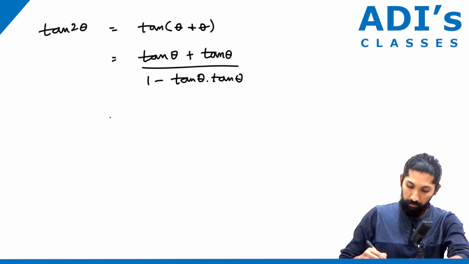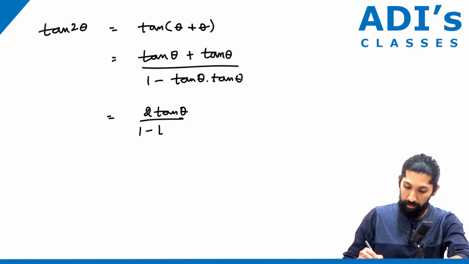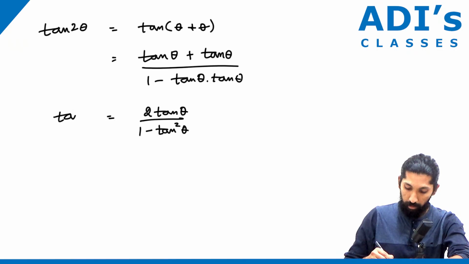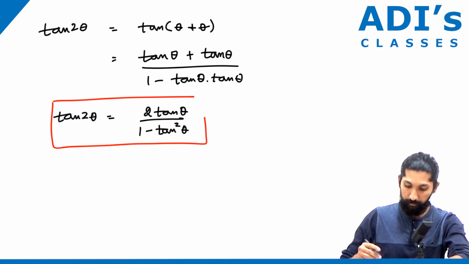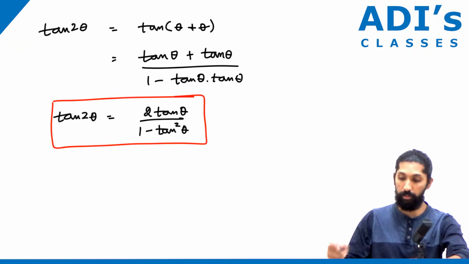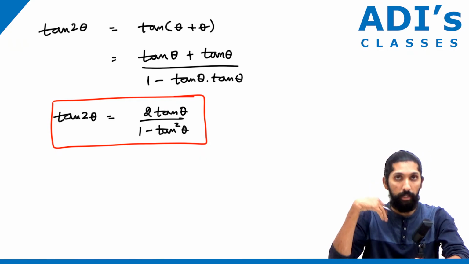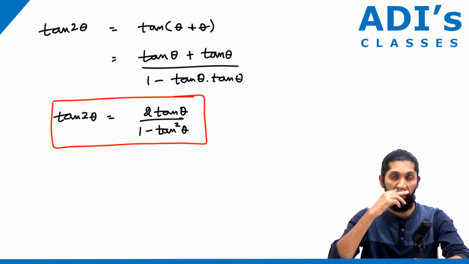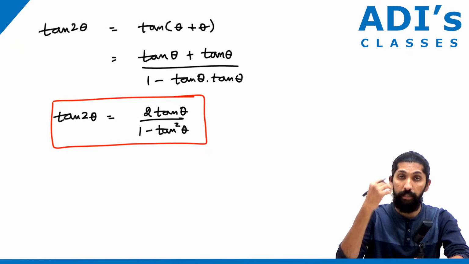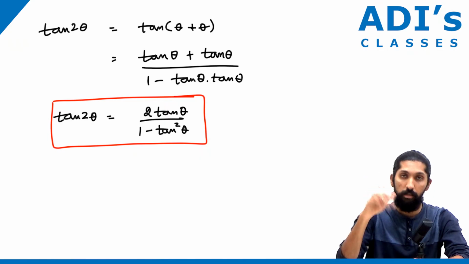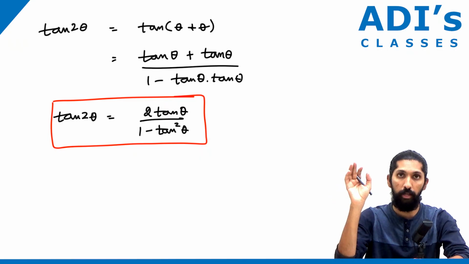Now this is going to become 2 tan theta by 1 minus tan square theta. So tan 2 theta, this is given by this. This has only one variation. There are no two or three variations. So this is going to be multiple. See, one type of multiple angles. All right, there is one more type, that is 3 theta, like sine 3 theta, cos 3 theta, like that. So we'll finish that type of multiple angles also.